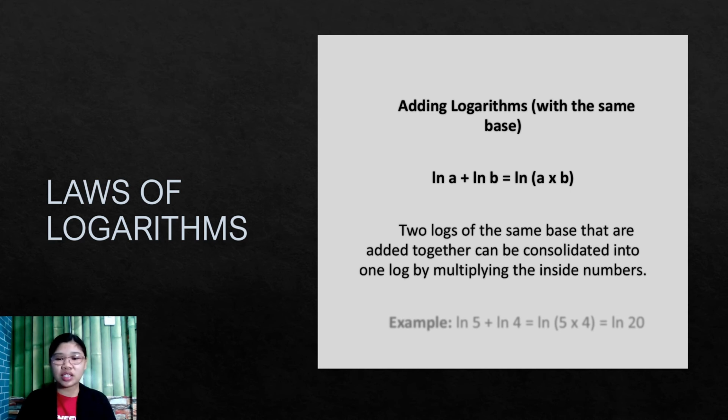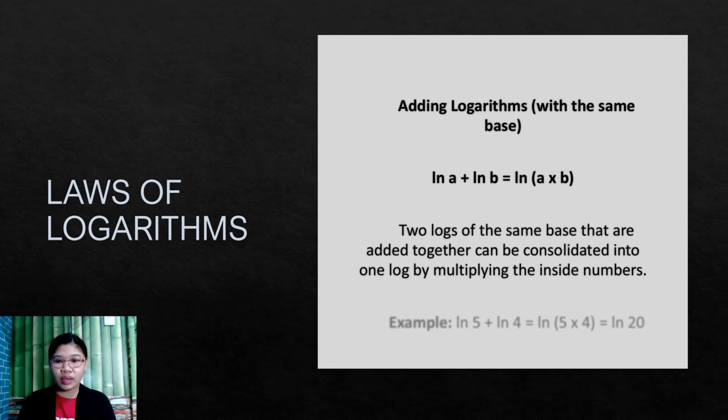So, we can apply this rule. Two logs of the same base that are added together can be consolidated into one logarithm by multiplying the inside numbers. So again, if we have the same base and we decided to add, for example, ln A plus ln B, that is also equal to ln A multiplied by B.